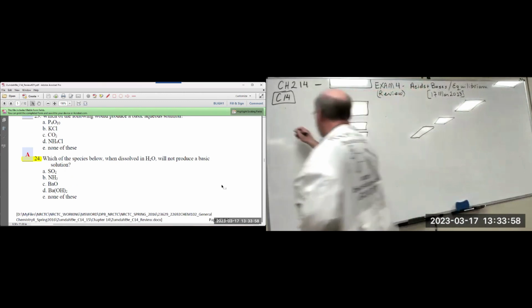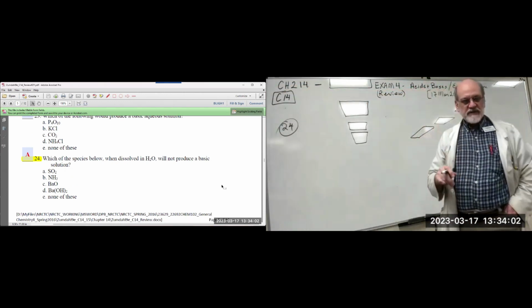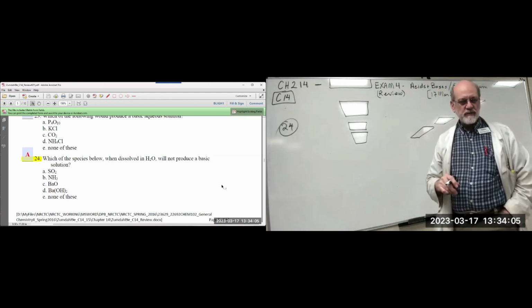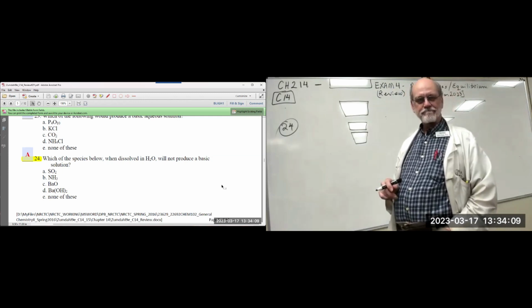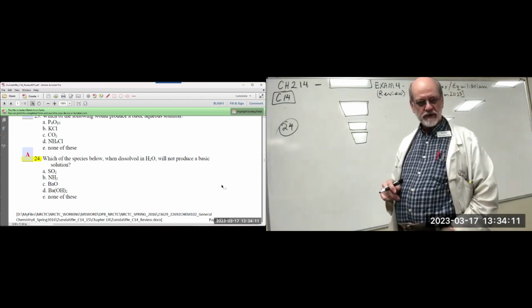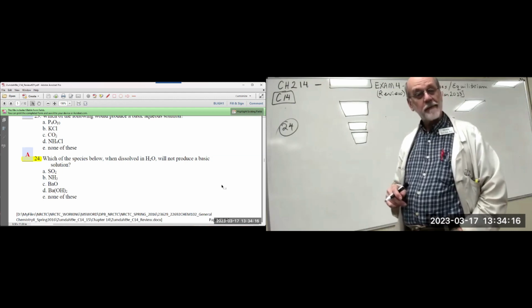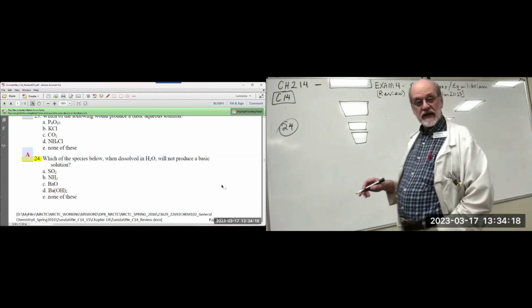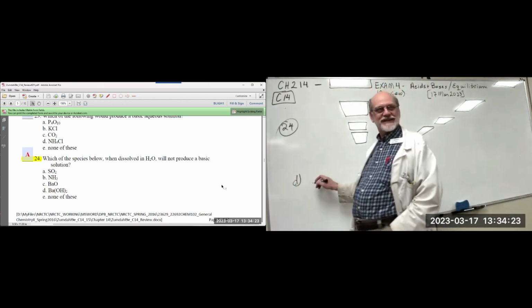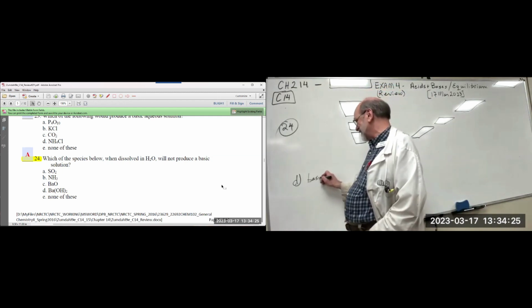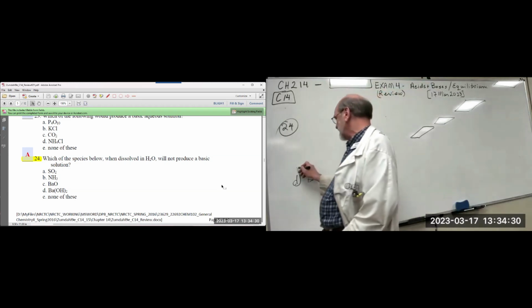24. Which of the species below, when dissolved in water, will not produce a basic solution? All right. Will not produce a basic solution. Okay. Process of elimination. Barium hydroxide. That's definitely basic. Right. Barium oxide.